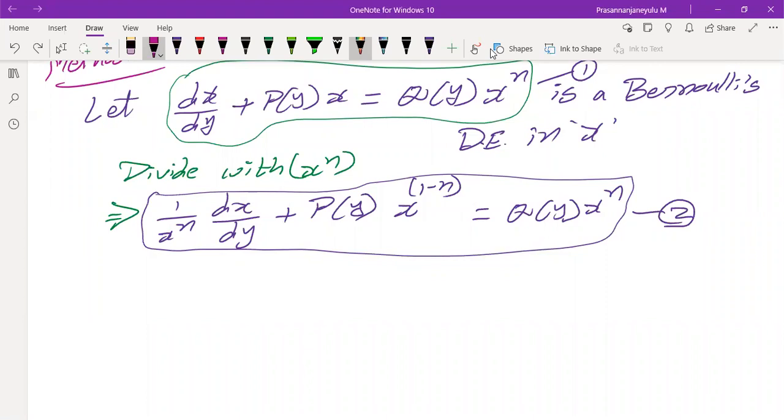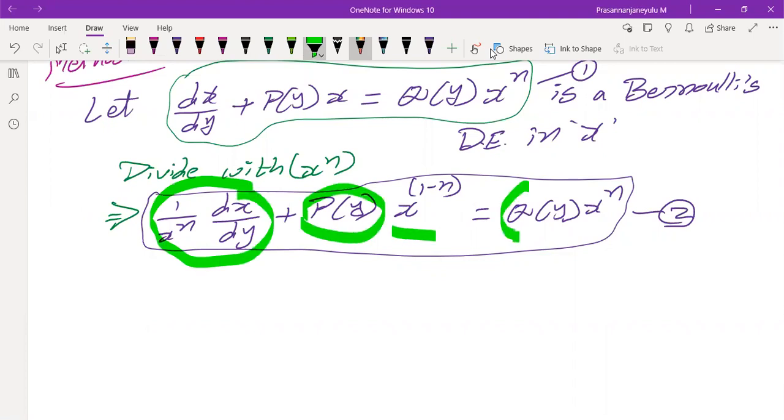So now treat this as the differential term dx by dy plus p of y into x equals q of y. Sorry, the right hand side x power n should not be there. Here I made a mistake. What is the right hand side part? We'll get only q of y. So dx by dy plus p of y into x power 1 minus n is equals to q of y.